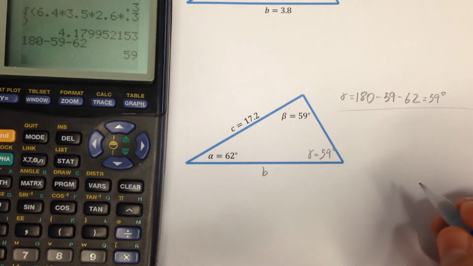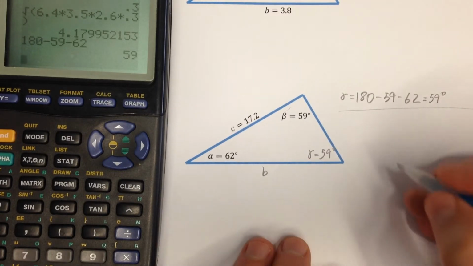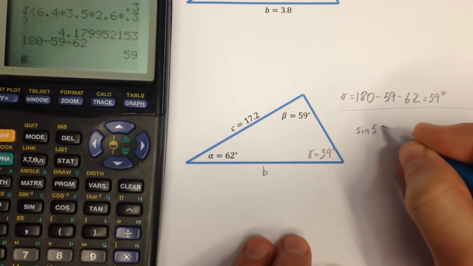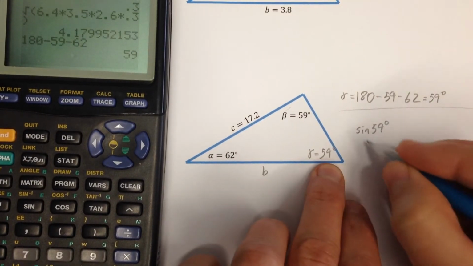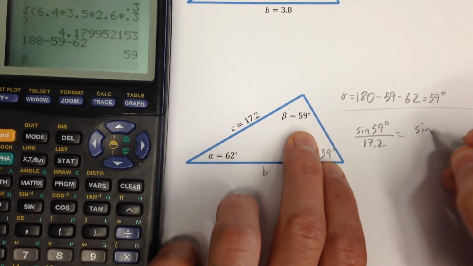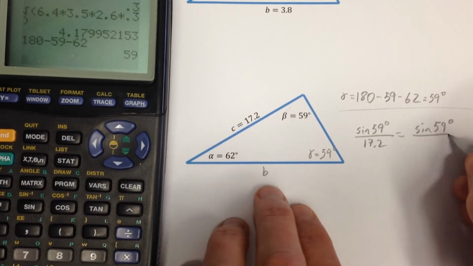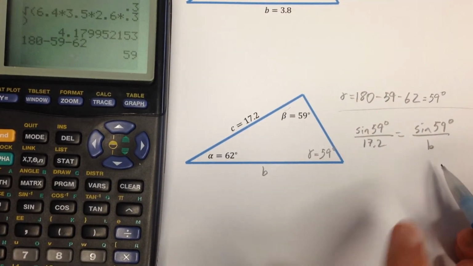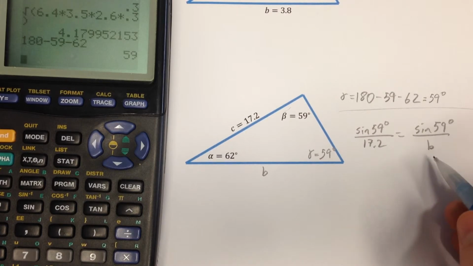If you didn't know that, you could still use law of sines to find that. Look and see what that looks like. Sine of 59 degrees over 17.2 equals sine of 59 degrees over B. And this would work for anything, but it shows you an interesting property of isosceles triangles.